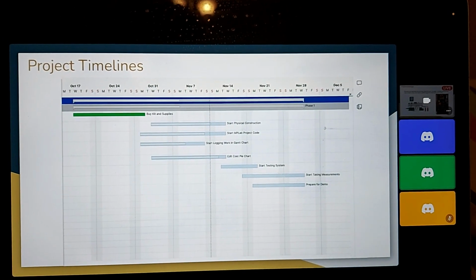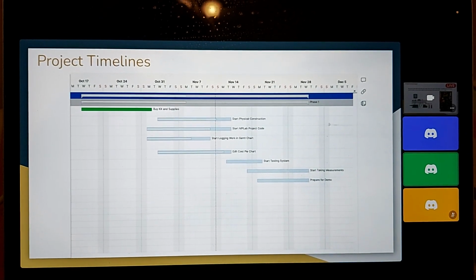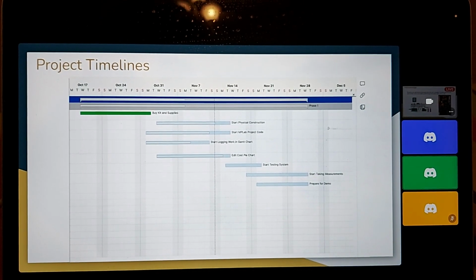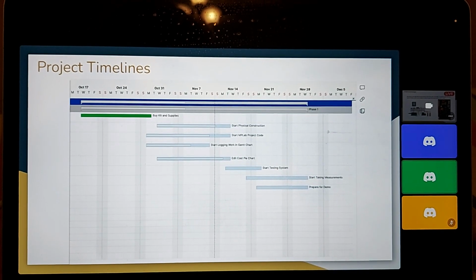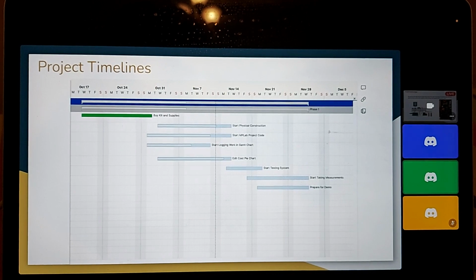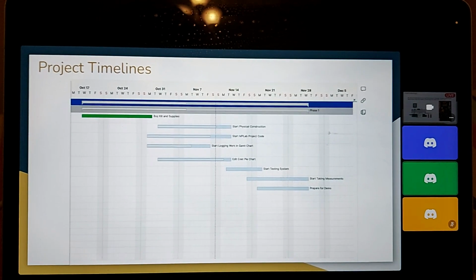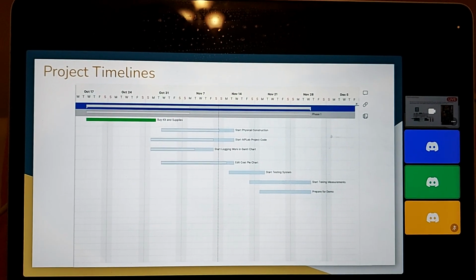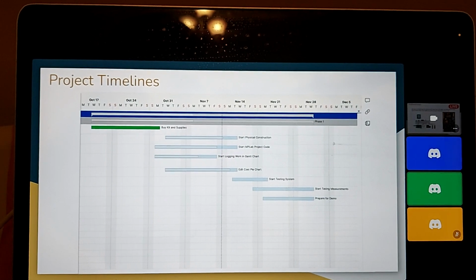We started testing the system pretty much the week before demo. We were editing the cost pie chart pretty much the whole project length. We were logging the work pretty much the second half of the project. We've been searching for the MPLAB code pretty much the whole project.